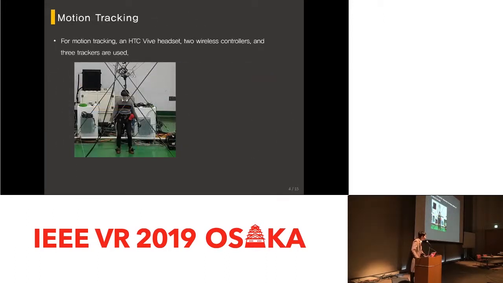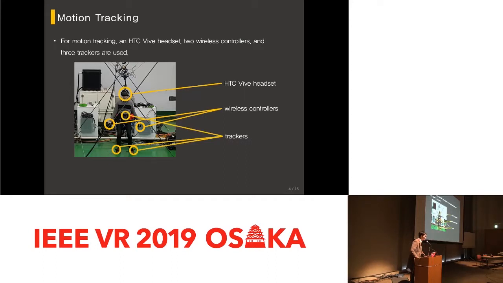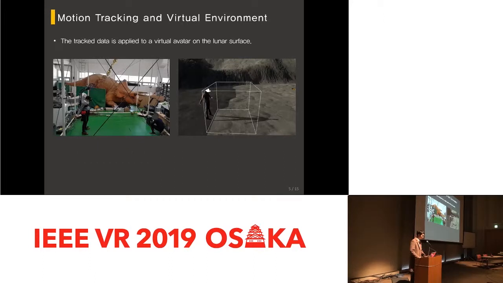In our system, the user's body was tracked by an HMD, 2 wireless controllers, and 3 trackers. The tracked data was processed by a Unity engine and applied to a virtual avatar on the lunar surface, as shown in the movie.